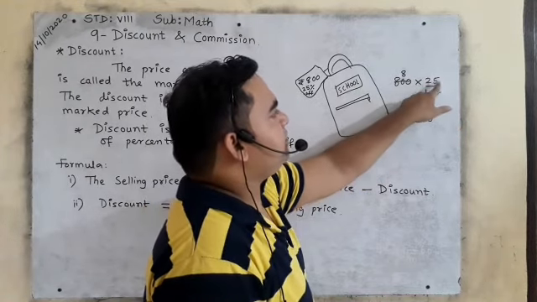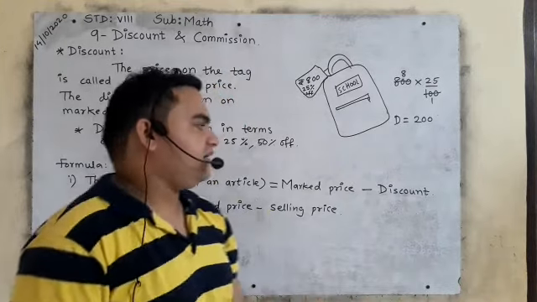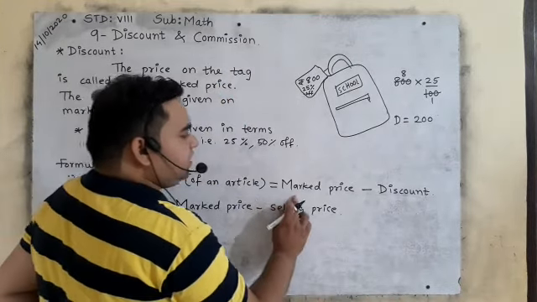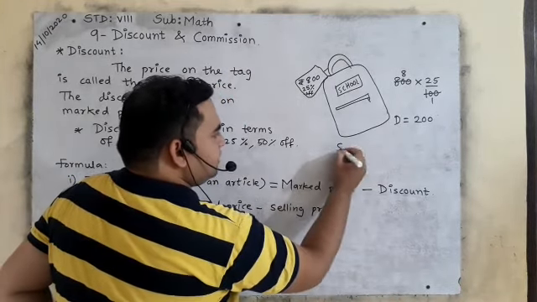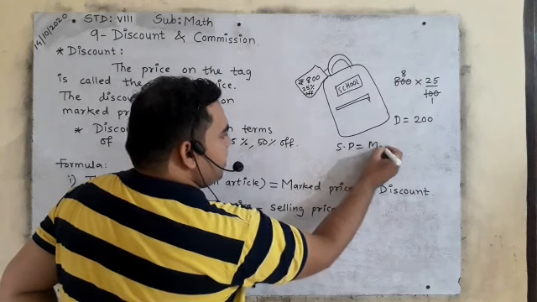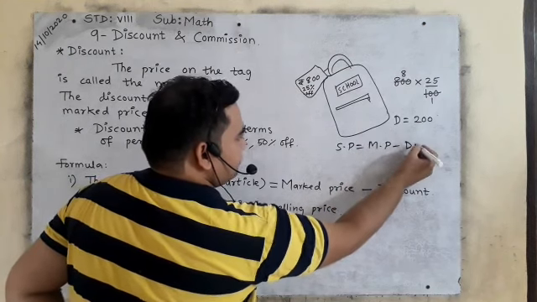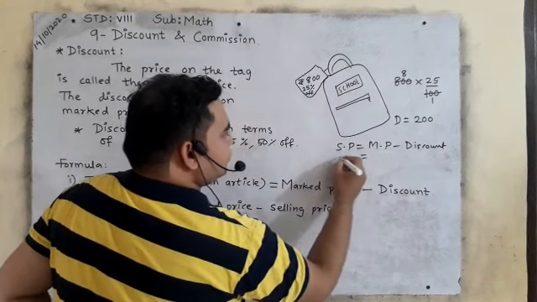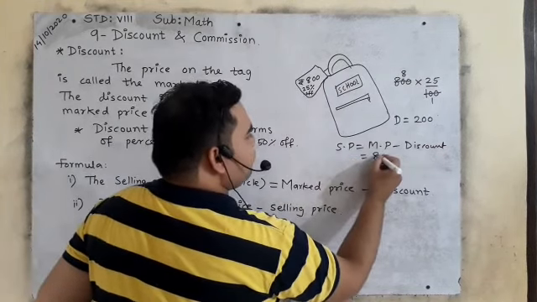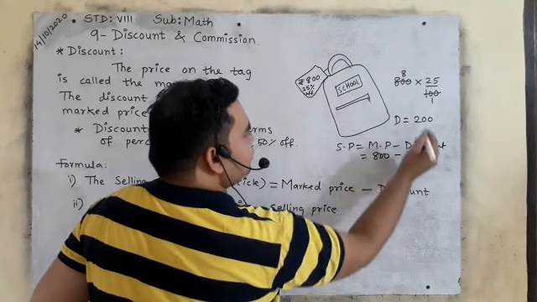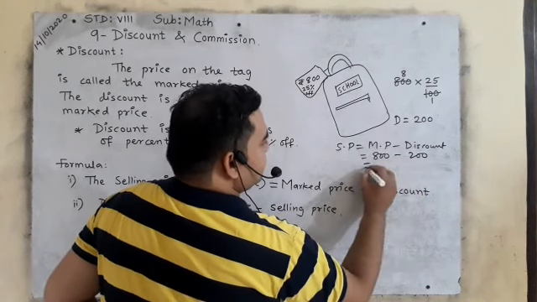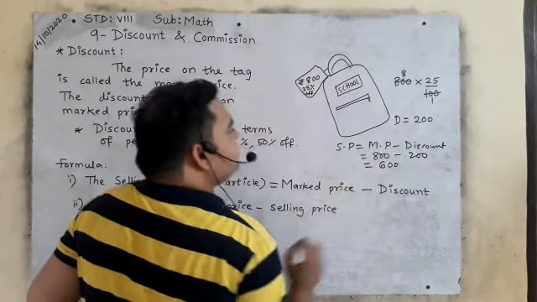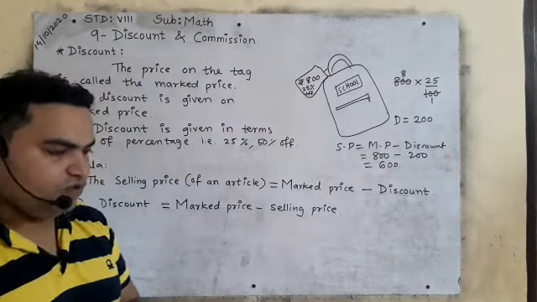So 8 multiplied by 25, that is 200. Mark price was how much? 800, right? Selling price is equal to mark price minus discount. Mark price was 800 minus the discount you got, 200 rupees. So how much will the selling price be? 600.